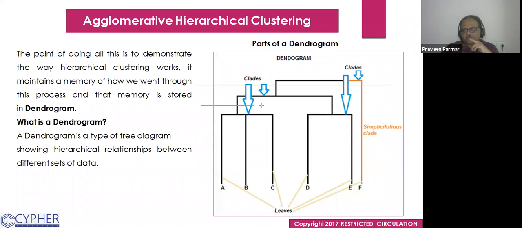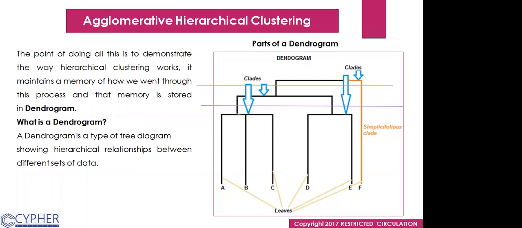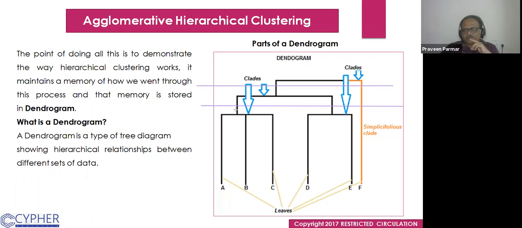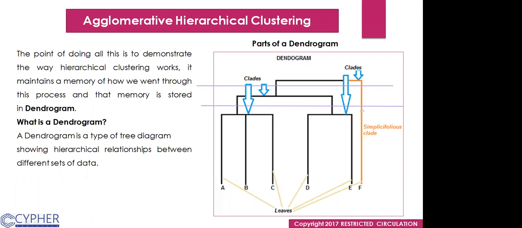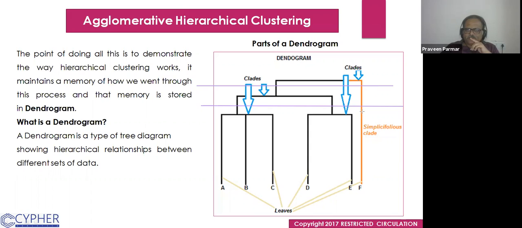If I cut from here, how many groups am I getting? How many lines are there? 1, 2, and 3. Three. Got it? Now understand: here you see 1 line and 2 lines, so 2 groups. Here we are getting 3 groups. If I cut from here, then I will get 1, 2, 3, 4, 5, 6, so I am getting the individual observations.